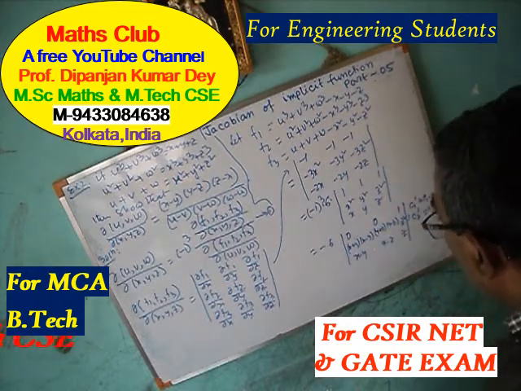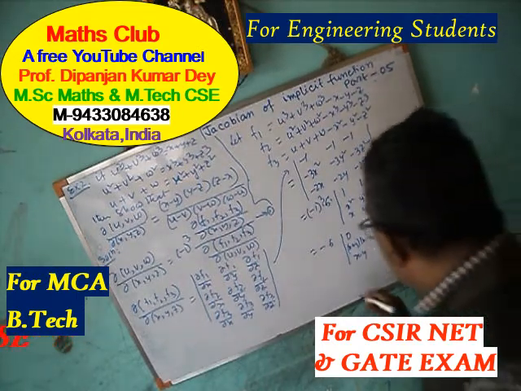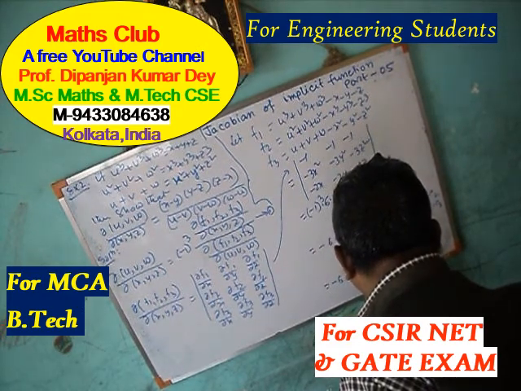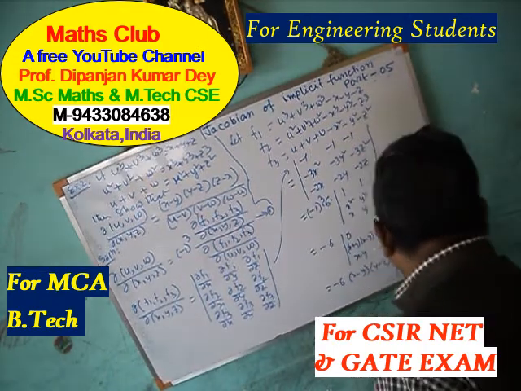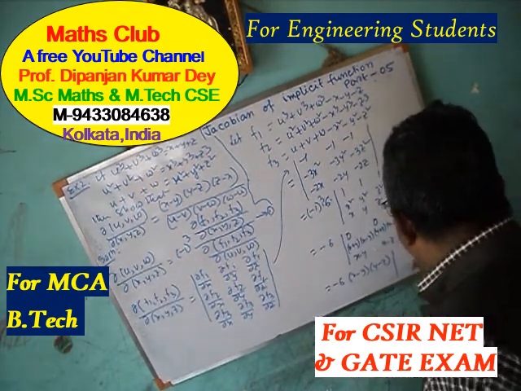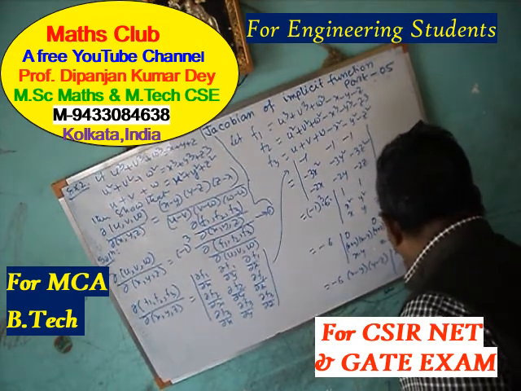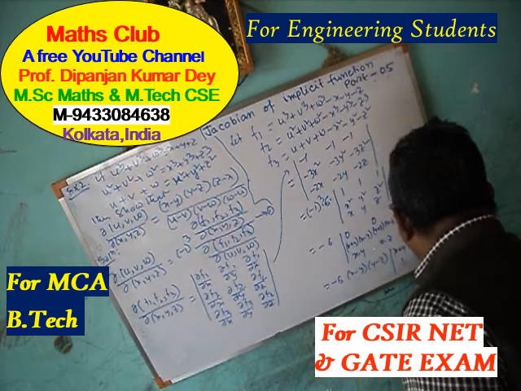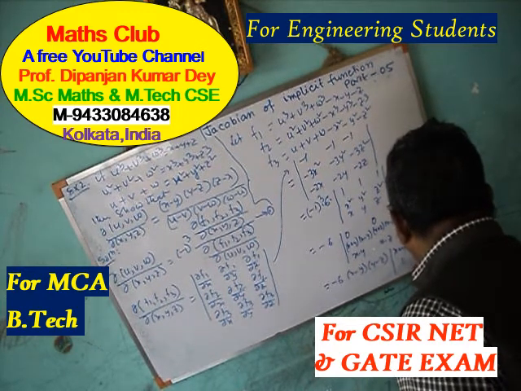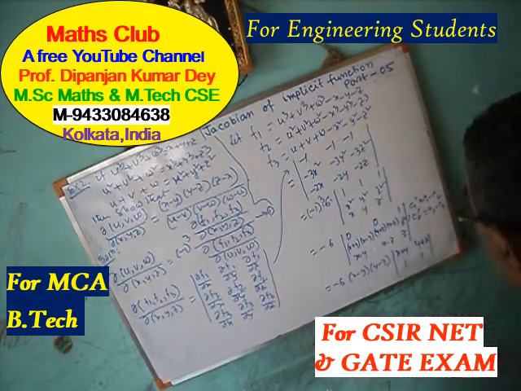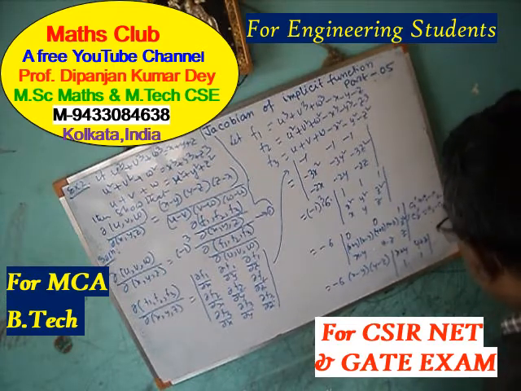Then we are getting x minus y common here, y minus z common here. Then that is equal to minus 6 into x minus y, then y minus z, you will get common from here. Then break this into 1, that is, this and this will be cancelled. That is x plus y, here is 1, here is 1, here is y plus z, this is 1. So now this into this minus this into this, that means x plus y minus y plus z, that is x minus z you will get here.